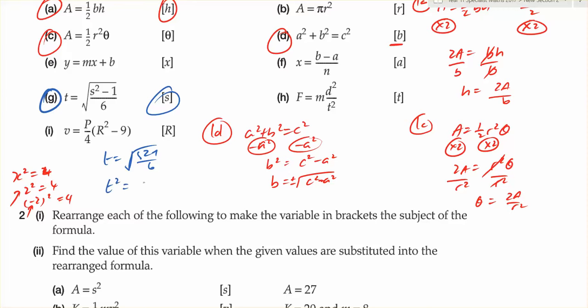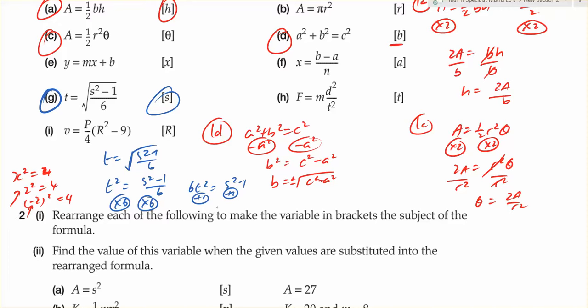So t squared, when I square both sides, it gets rid of the square root. We've got to divide by 6, so I need to times both sides by 6. So we get 6t squared equals s squared minus 1. I want to get rid of the 1 here, so plus 1 on both sides.